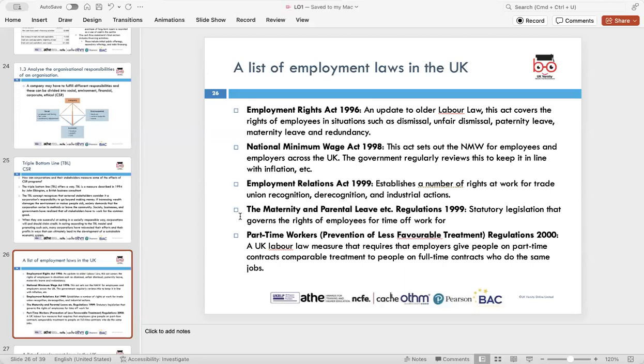The National Minimum Wage Act 1998 is a piece of legislation that establishes the national minimum wage for both employees and businesses in the United Kingdom.